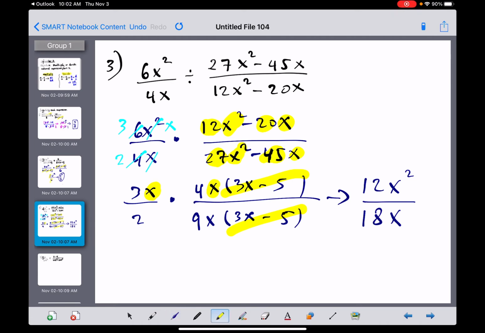And notice here the 12 and the 18, it's reducible by 6. So you would have 2 over 3. And x squared and x cancels out, then you would have an x on top. So this is your final answer. Okay? Okay, let's move on to number 4.